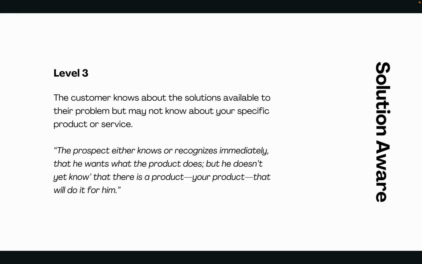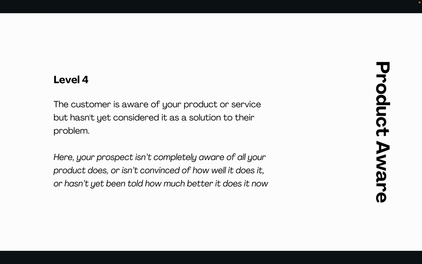And we have the fourth level where the person is product aware, right? The customer is aware of your product or service, but hasn't yet considered it as a solution to their problem.